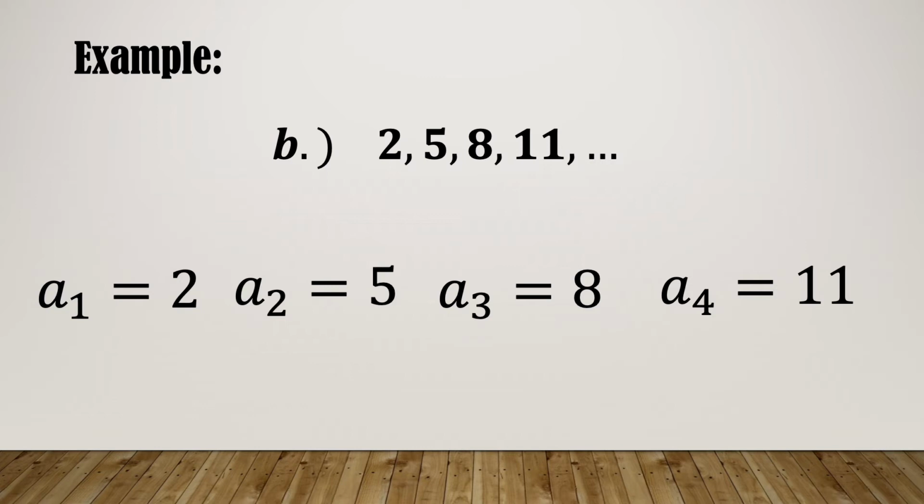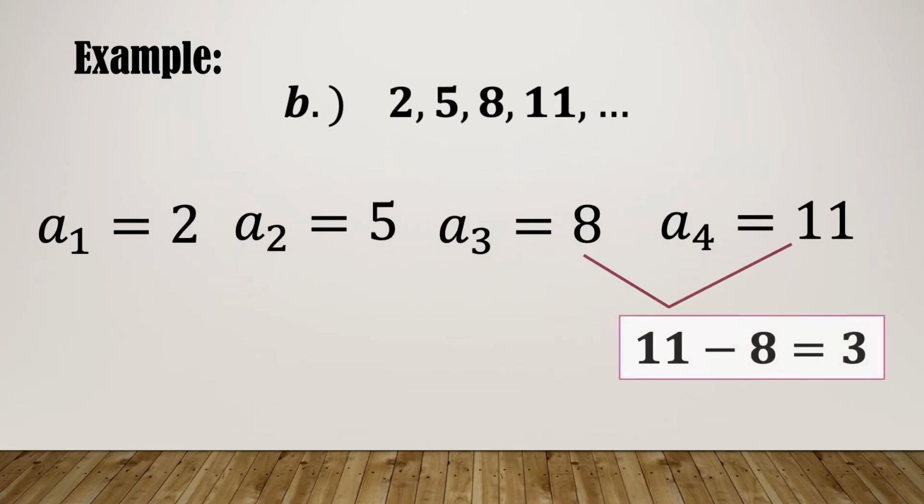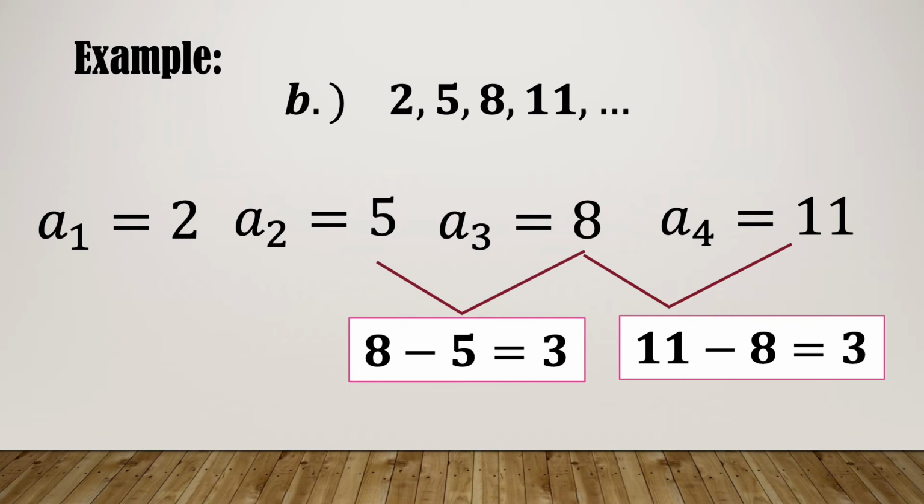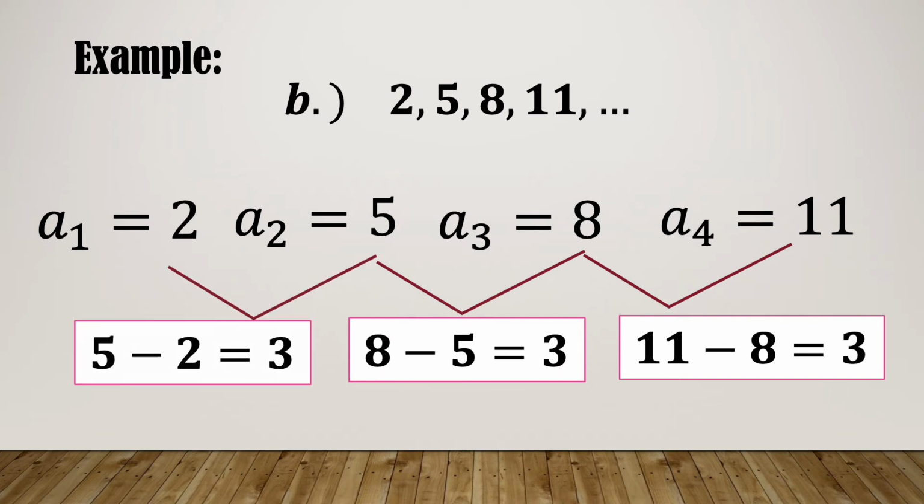A sub 3 is equal to 8 and a sub 4 is equal to 11. So 11 minus 8 is equal to 3. 8 minus 5 is equal to 3 and 5 minus 2 is equal to 3. The common difference is 3. Therefore, the given sequence is an arithmetic sequence.